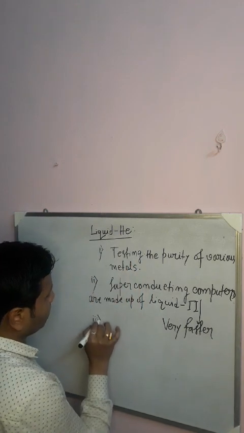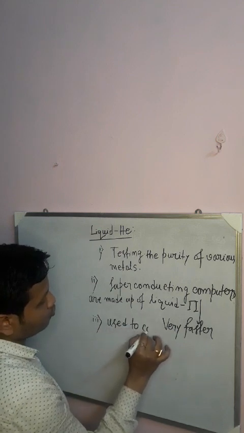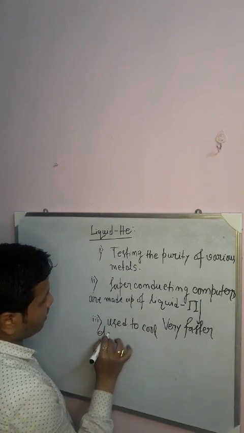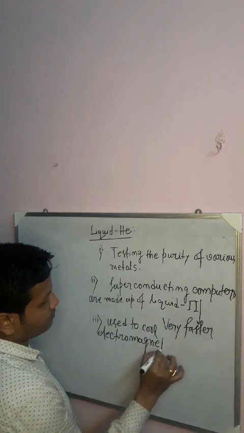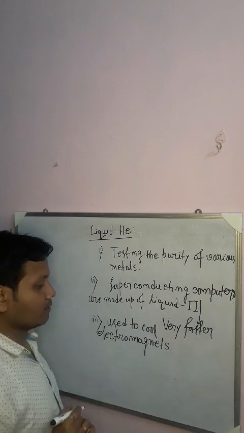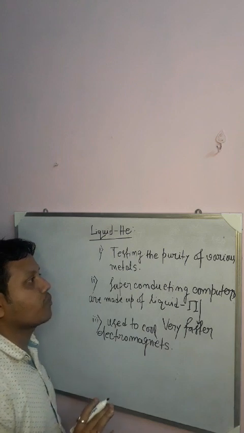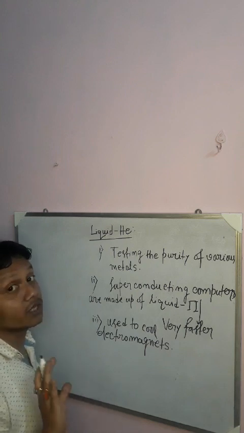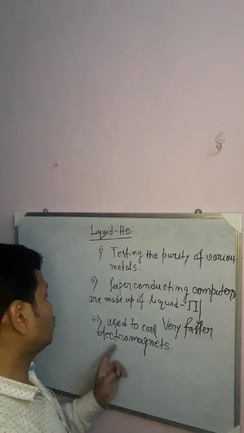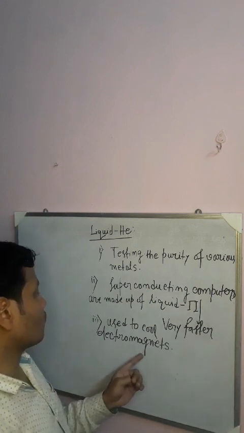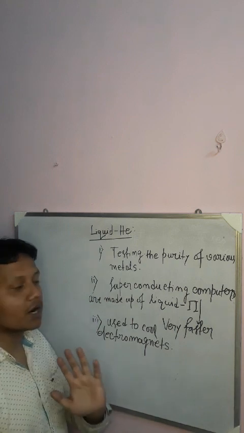And another important use is that it is used to cool electromagnets, so that there is no flow of huge current through them. If we cool the electromagnets, then we can prevent the huge flow of current through the coils.